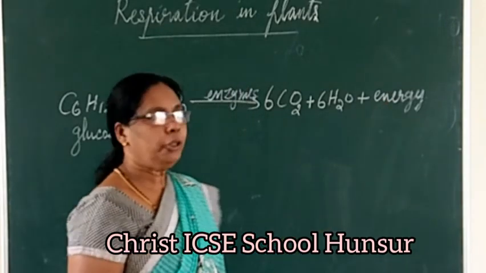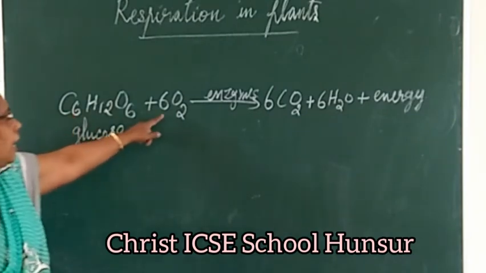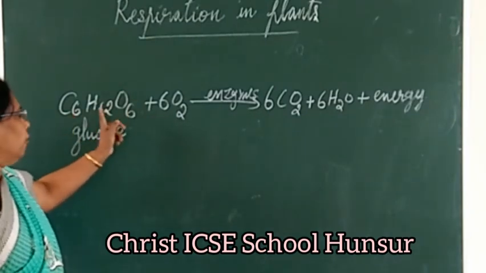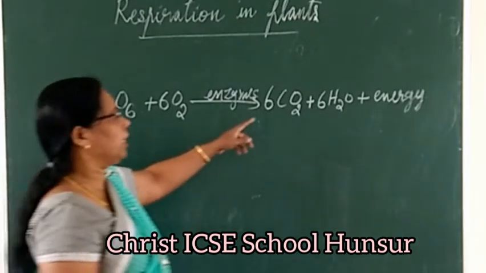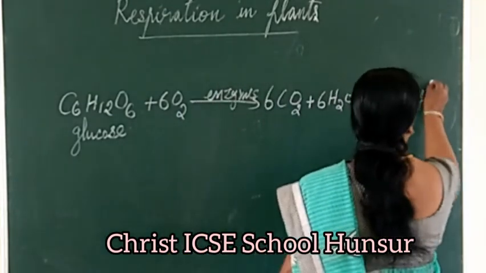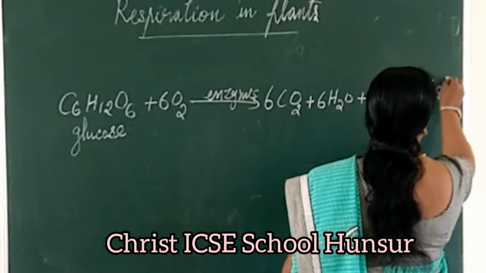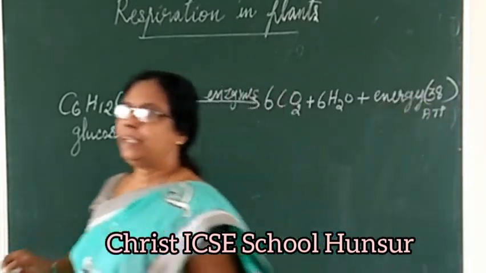Yes, energy. Do you know, when one molecule of glucose is oxidized, the energy released is 38 ATP. 38 ATP means adenosine triphosphate.